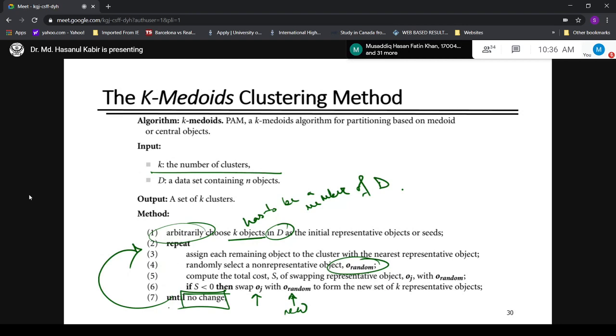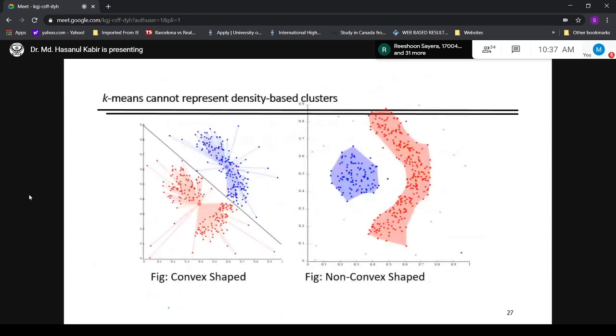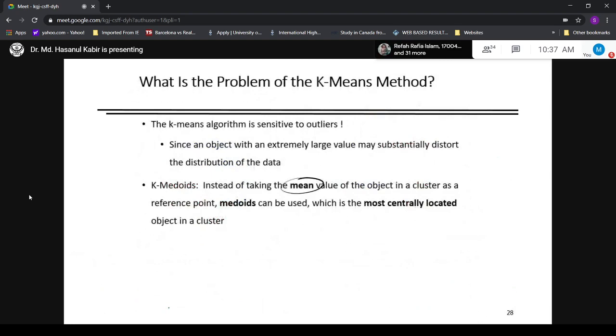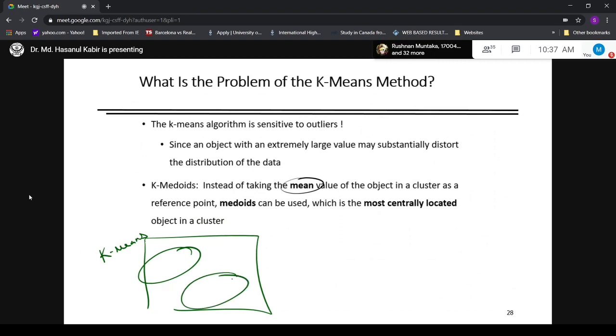That means the basic difference between the k-means and k-medoids algorithm is what? In k-means, whenever we have a cluster defined, we always have to compute the center.